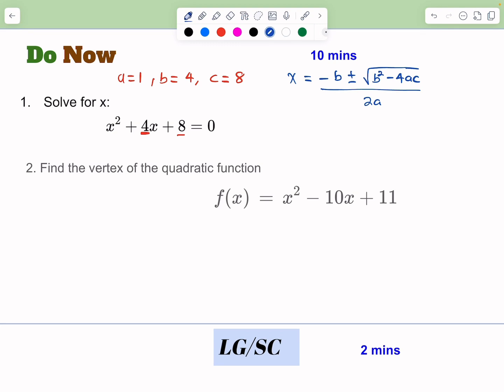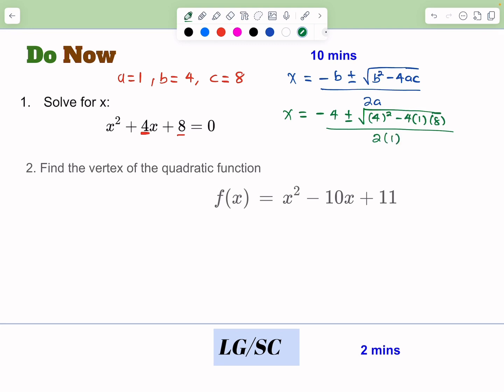All I have to do is substitute everything that I know. In this case, what do you notice? My x stayed the same. My b is 4, plus or minus, I have my square root, my b is 4 squared minus 4, my a is 1 and my c is 8, and then I'll divide everything by 2, where my a is 1.